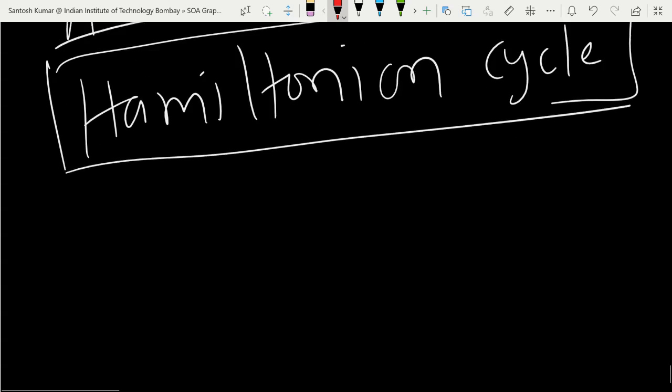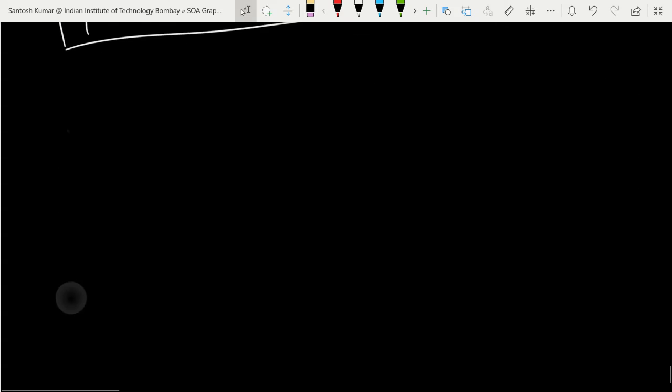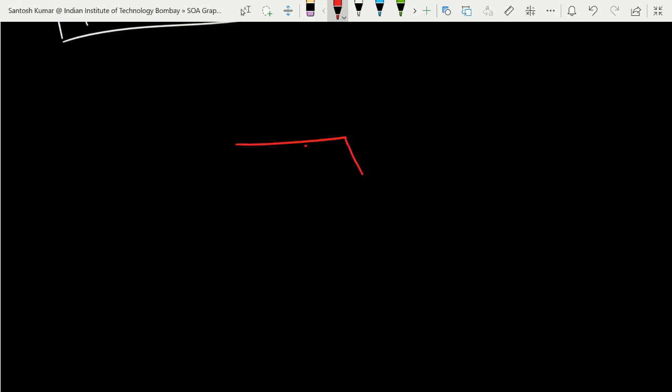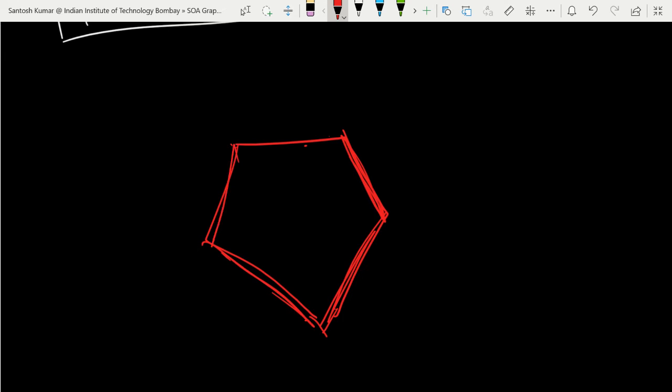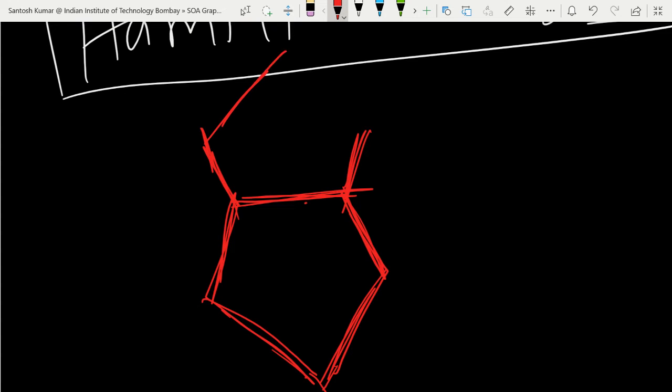So let me first do one example to understand this concept. So I'm making a graph. Look at this. How many edges are there? 1, 2, 3, 4, 5. And now we have 1, 2, join this one.